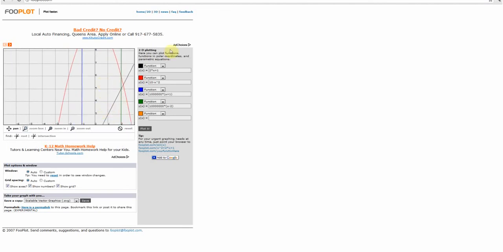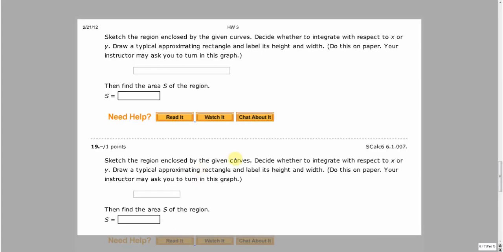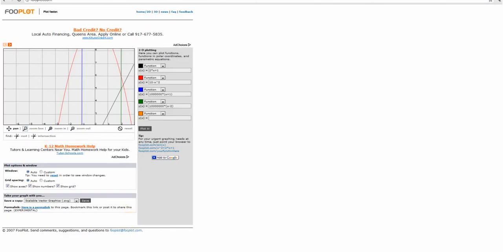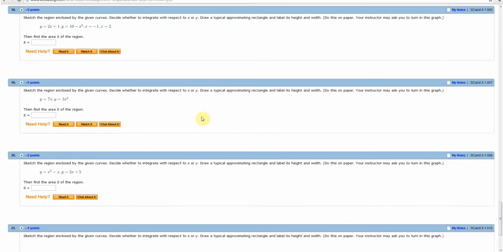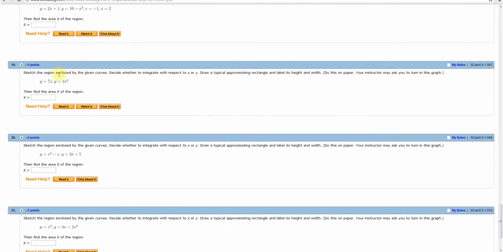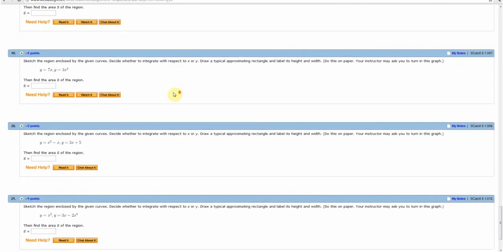The graph makes it very clear which is on top and which is on the bottom. All right, so let's go back. We're on number 19, but again, that information has been lost, so let's go back to the homework. Number 19 says, sketch the region enclosed by the curves. It's just exactly like the one I just did.